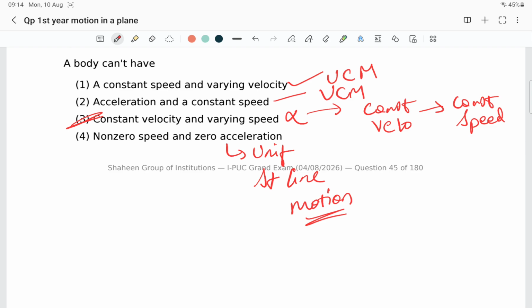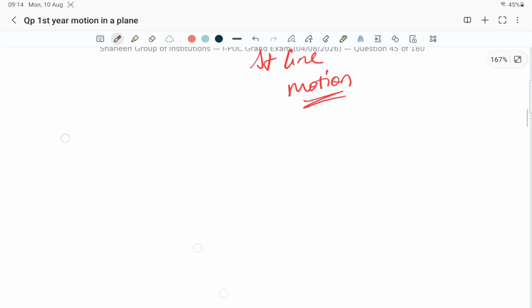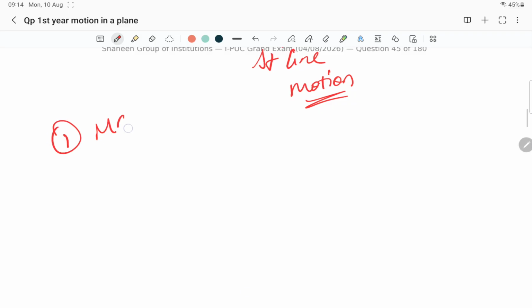So in this, a few things that you should understand: number one, every time you solve an MCQ, you learn something new.